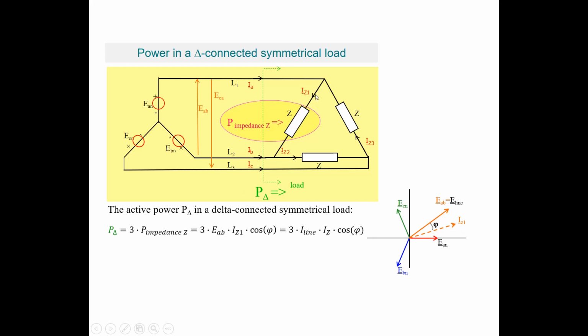Remember, this is the line voltage, which is across this impedance Z, so it's 3 times EAB, or the line voltage, times the current through an impedance, which is IZ1 in this expression, times the cosine of phi, which is the power factor. So we get P delta is 3 times the line voltage, E line, times IZ, which is the current in this impedance, times the cosine phi, which is the power factor.